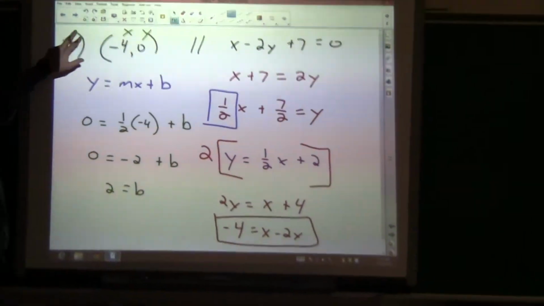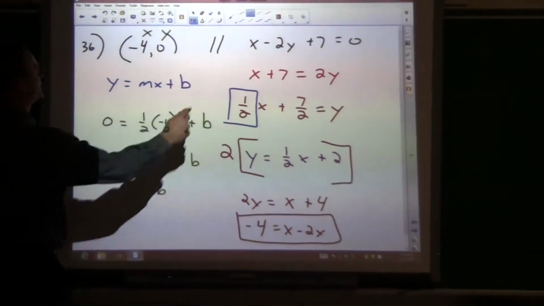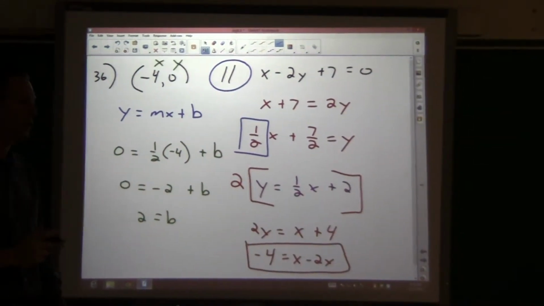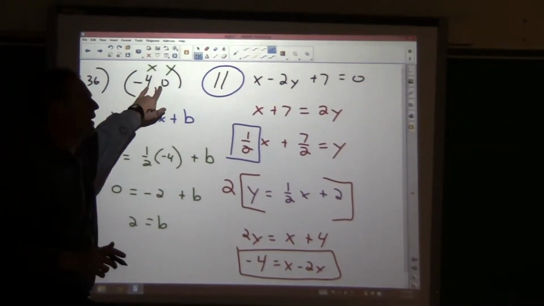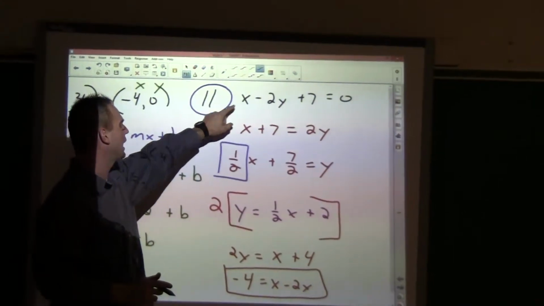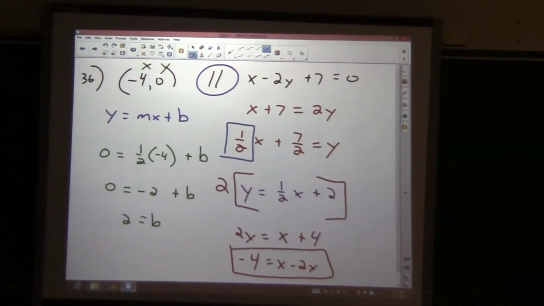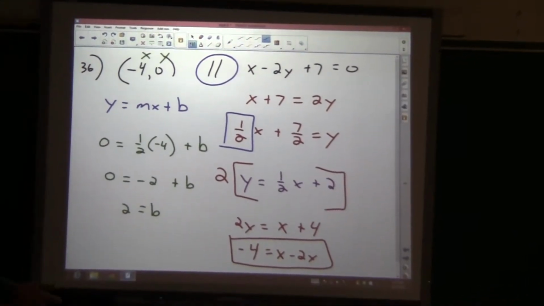All right? This symbol here, just for those of you that are going to watch this, I have a point, and this means parallel to this equation. I'm reading out of the text, page 373, the homework.